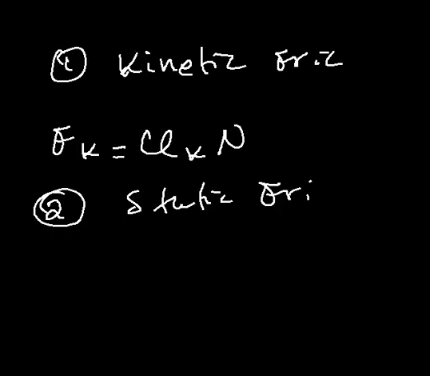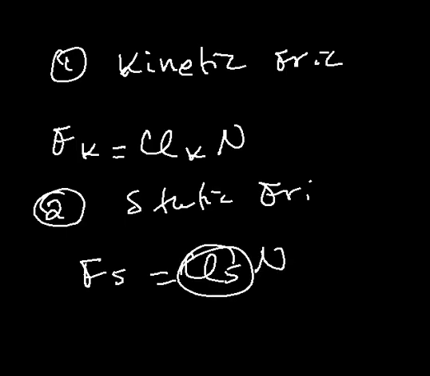Basically it is given as Fs equal to mu s times the normal force, where mu s is the coefficient of static friction, Fs is the static friction force, and N is the normal force.